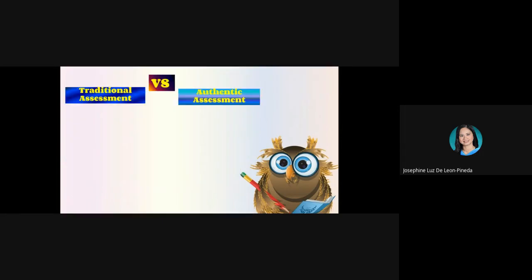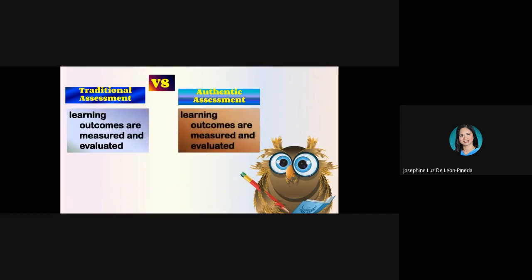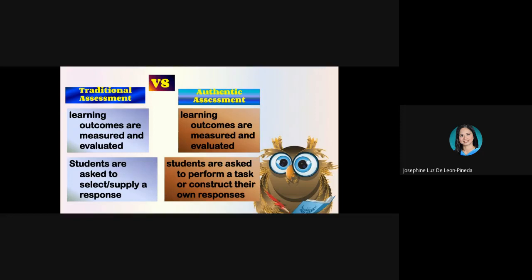So what are the differences between traditional assessment and authentic assessment? Actually, in both of them, learning outcomes are measured and evaluated. Of course, both of them have particular learning targets that we measure. Then, students are asked to select or supply a response in traditional, whilst in authentic, instead of supplying only their responses, they are now performing the tasks or constructing their own responses.